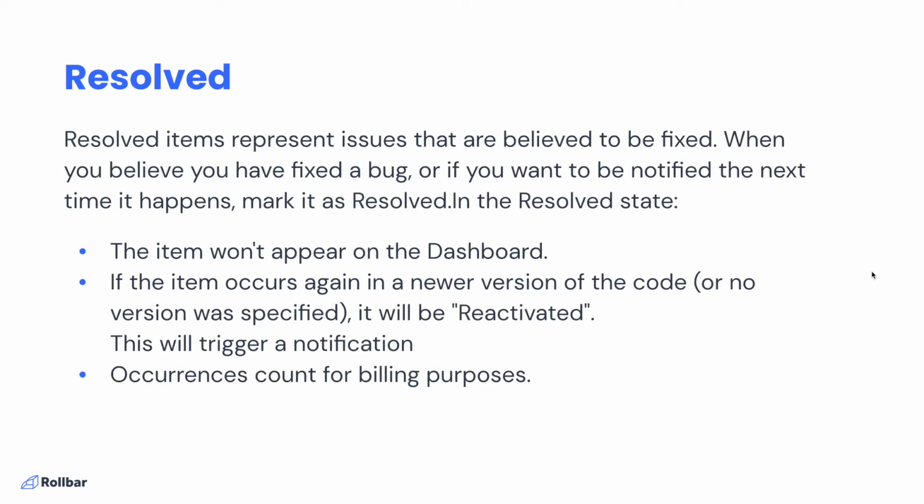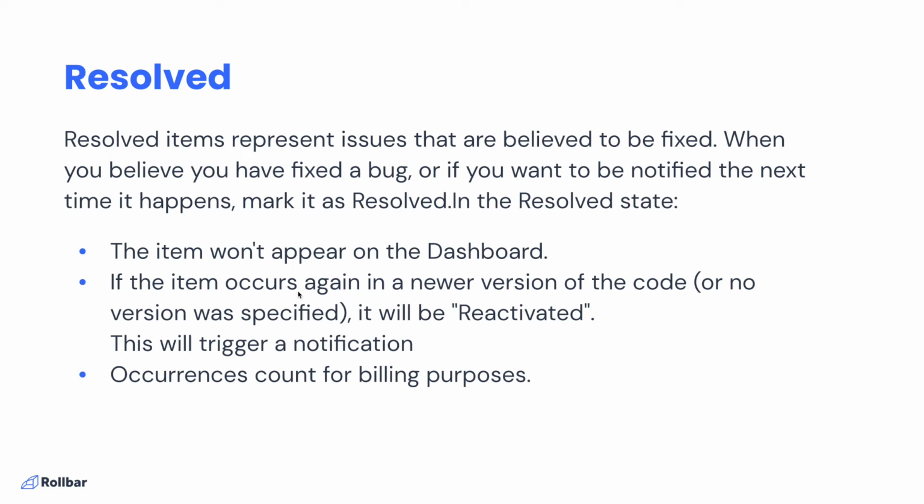So then resolved, when you have presumably fixed the root cause of a given item, you can mark that as resolved in your Rollbar account, and that will declutter your working list. So things that are resolved are taken off that dashboard, and we've deprioritized those a bit. What this is not going to do is hide these and prevent them from resurfacing.